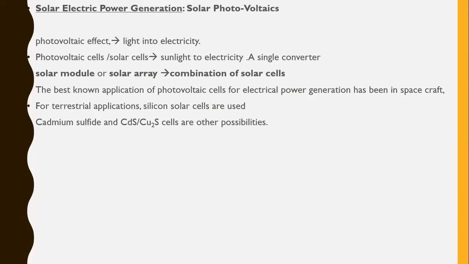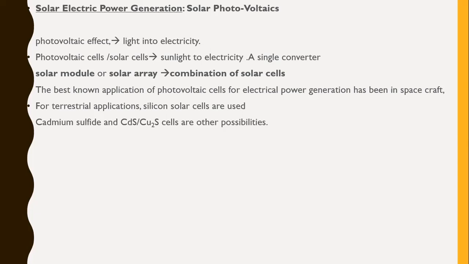The active part of the CdS cell is a thin polycrystalline layer of CdS about 10 micrometers thick, on which a layer of Cu2S compound is formed.